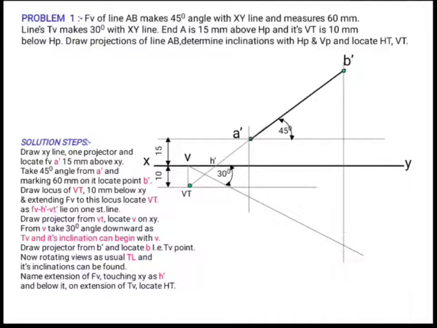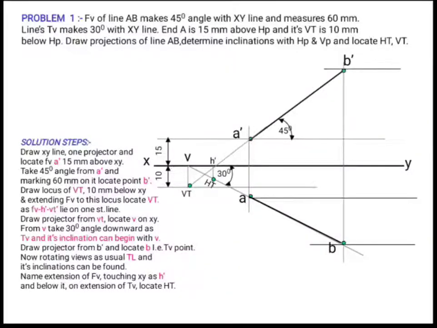Now dropping the vertical projector through B dash and vertical projector through A dash, I will get points A and B respectively. Now H dash and H will be on the same vertical projector and the HT will be on the line ABV. So I can mark the point HT on this intersecting point.